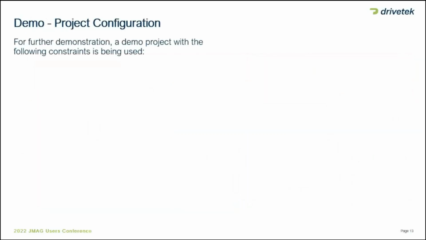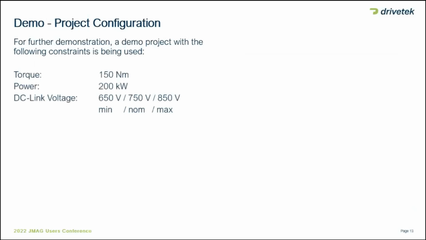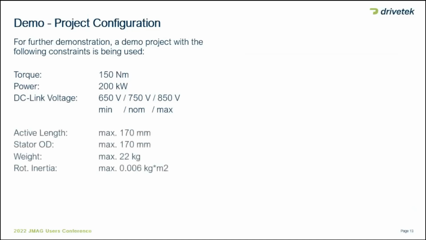So for further demonstration, I prepared a demo project just to show you what this actually looks like. We'll consider a machine with 150 Newton meters of torque, 200 kilowatts, a regular high voltage DC link system, and also quite high power density.